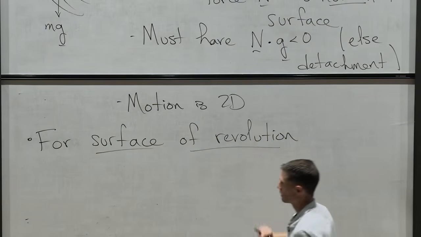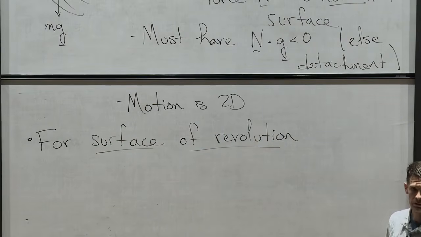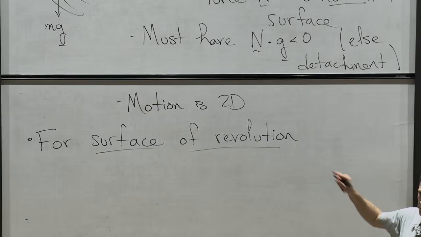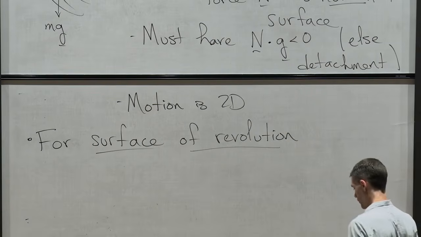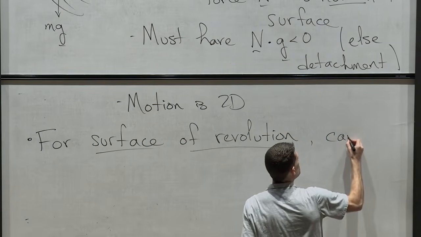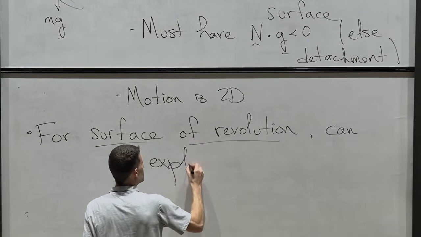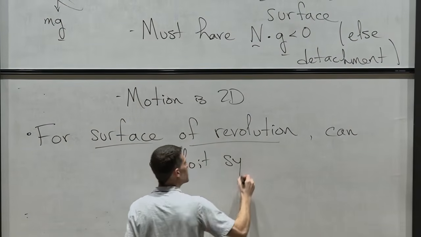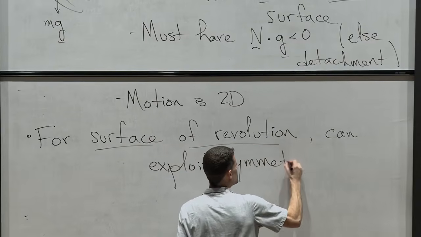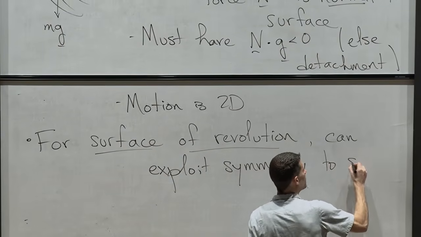So what we want to do is play with the equations in the case of a surface of revolution, and really the idea is to exploit the axial symmetry to simplify.